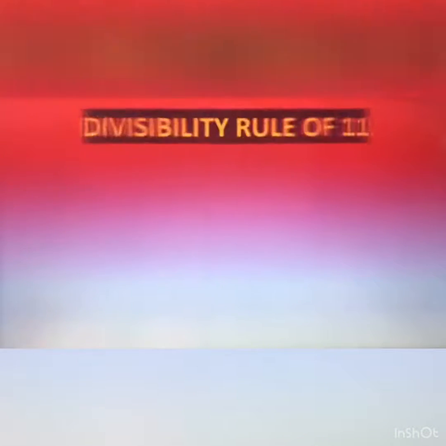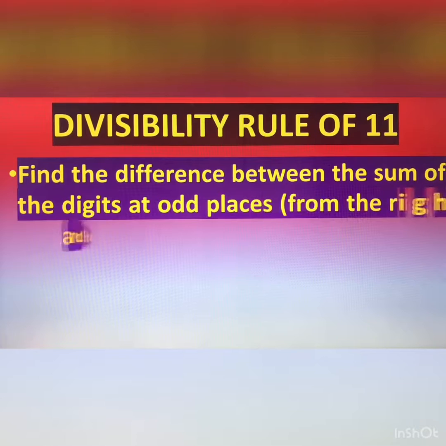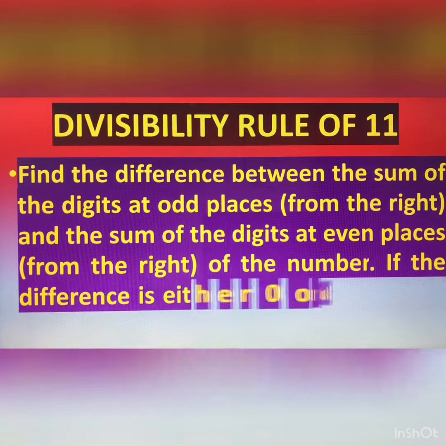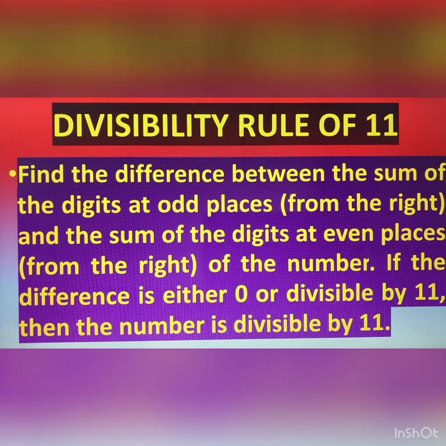Now dear, moving on to the next topic, the divisibility rule of 11. So how can you check that the number is divisible by 11? Find the difference between the sum of the digits at odd places from the right and the sum of the digits at even places from the right of the number. If the difference is either 0 or divisible by 11, then the number is divisible by 11.